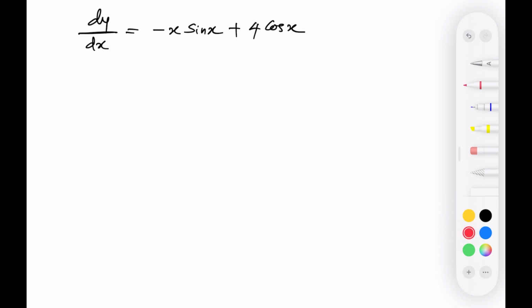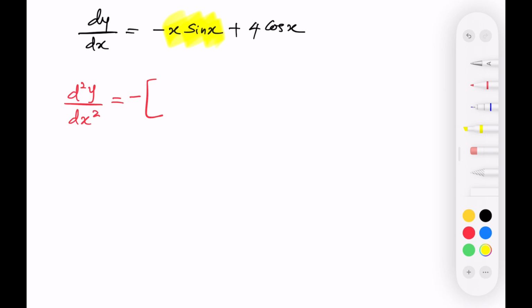If I differentiate both sides one more time, we get the second derivative of y with respect to x to be equal to, right here I have a negative symbol. It's just like a negative 1, which I'm going to factor out. And let me open brackets, and now I need to differentiate x times sine x. Once again, I have to apply the product rule.